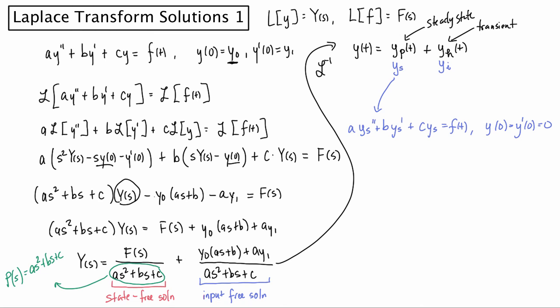The y sub I, on the other hand, looks at the same equation set equal to 0, so the homogeneous equation, but instead it solves the equation with the initial conditions, y of 0 and y1.